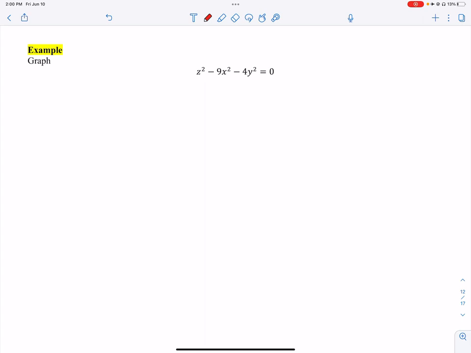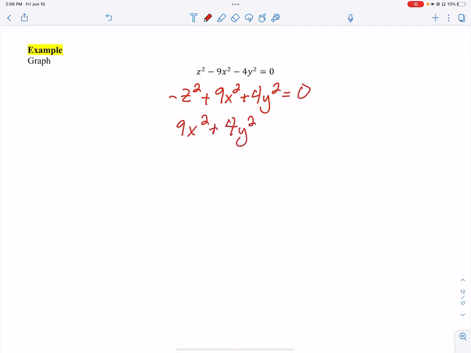If I multiply by negative 1, I get negative z squared plus 9x squared plus 4y squared equals 0. That's totally fine, and that puts it in a form we're much more used to seeing.